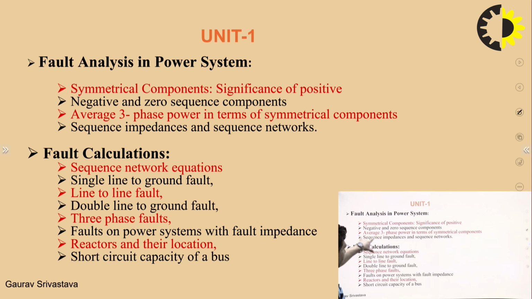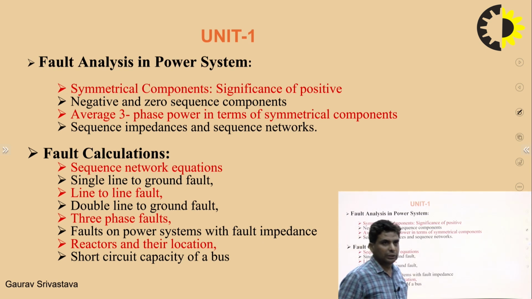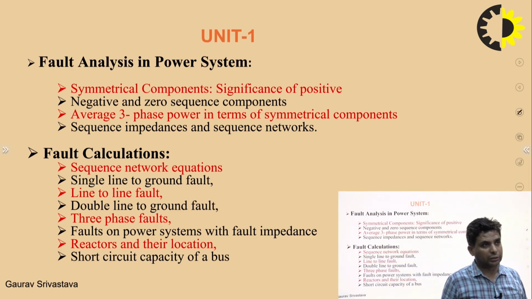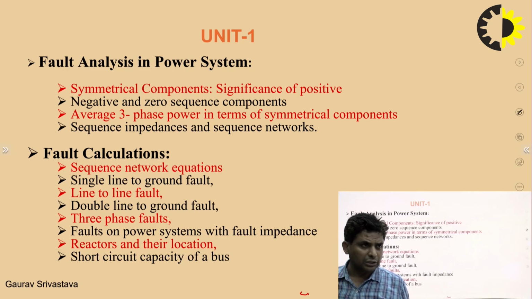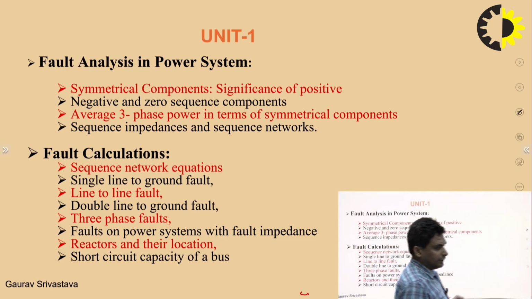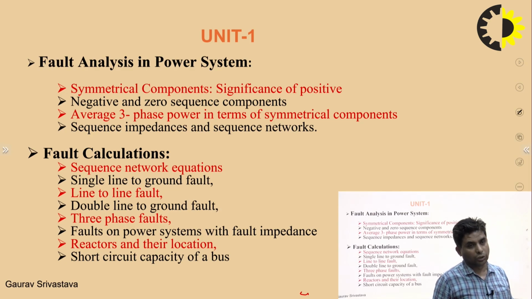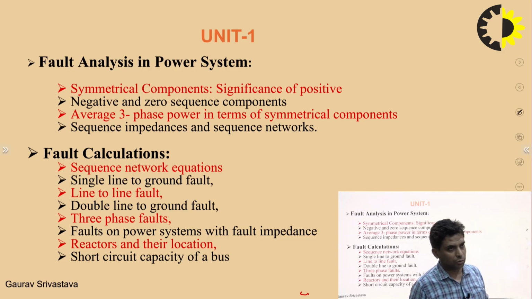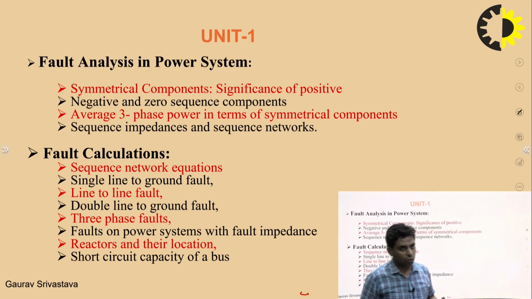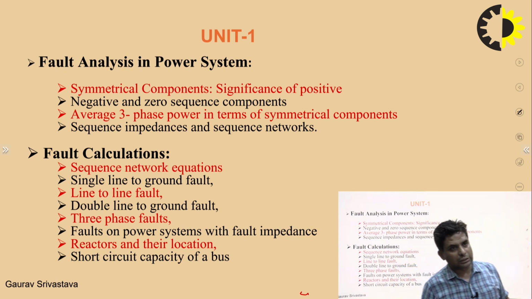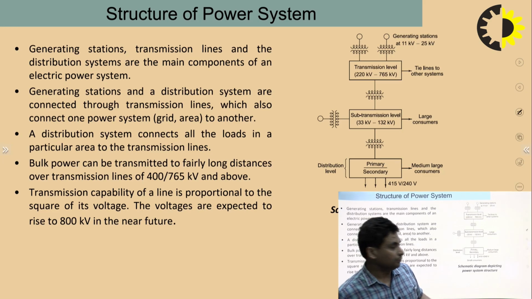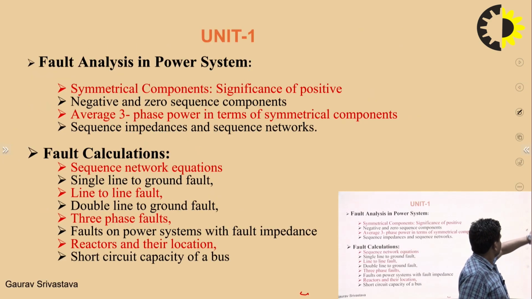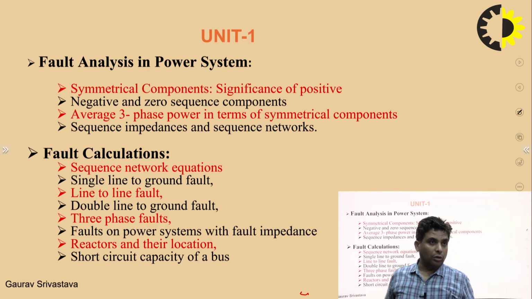Symmetrical components, then the power calculation of the symmetrical components, then sequence networks and sequence impedances, and then we find the symmetrical and unsymmetrical faults. Unsymmetrical faults are defined as series and shunt faults. Series faults involve one conductor or two conductors open. Shunt faults are symmetrical and unsymmetrical: the unsymmetrical faults are LG, double L, and double LG, while triple L or triple LG is known as the symmetrical fault.